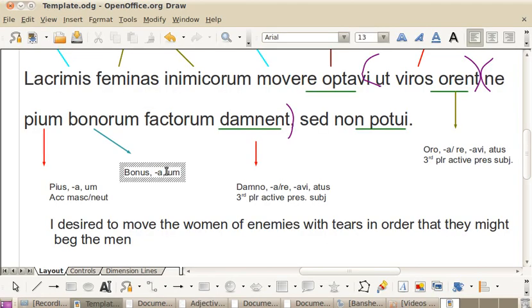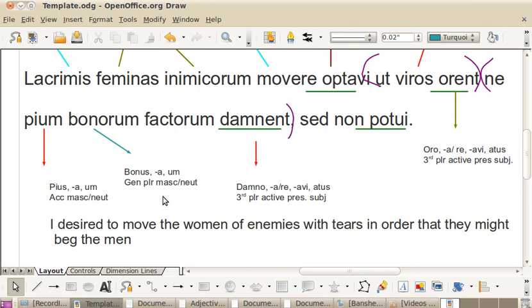So we know it's genitive, plural, masculine or neuter. And of course we're writing all this because we want to know what these adjectives are modifying, and adjectives modify nouns in case, number, and gender. We don't just have an adjective modify a noun because they look the same. They have to agree in those three different qualities.